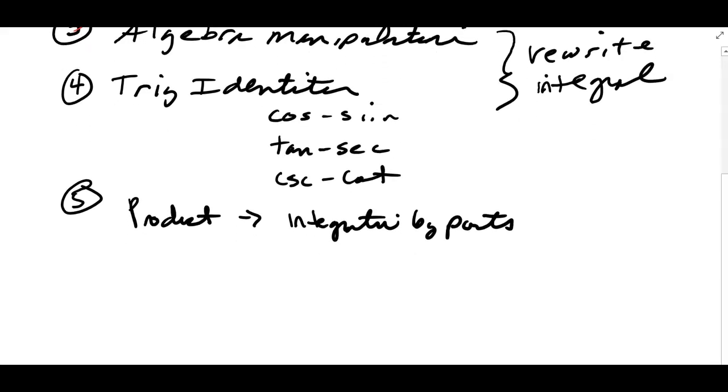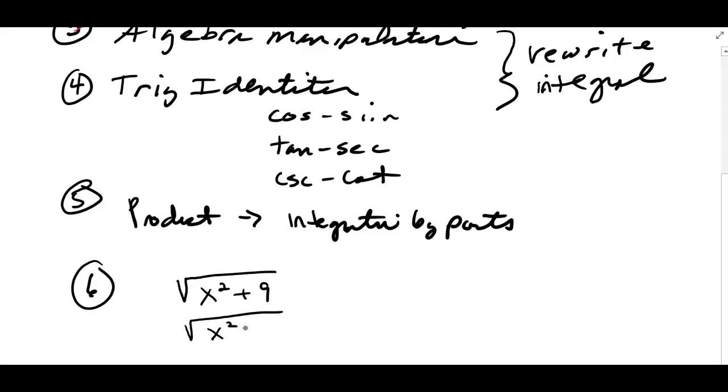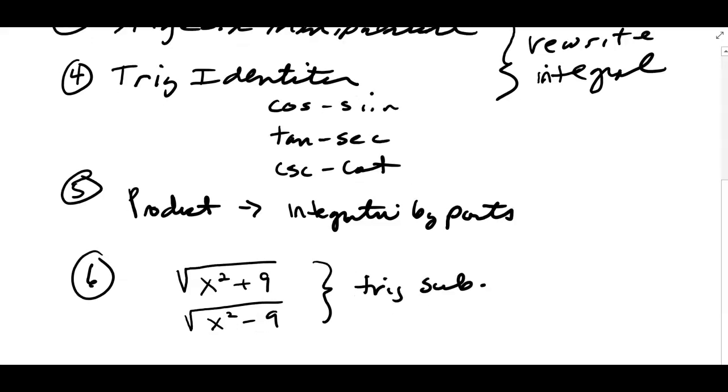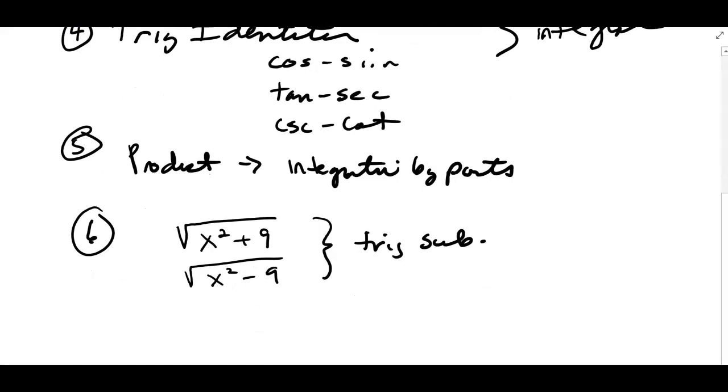So look for integration by parts if you have a product. Look for your square roots of x squared plus something, or look for x squared minus something. These are your trig subs. All right? Or you can set up your rectangle and throw it into a trig function.